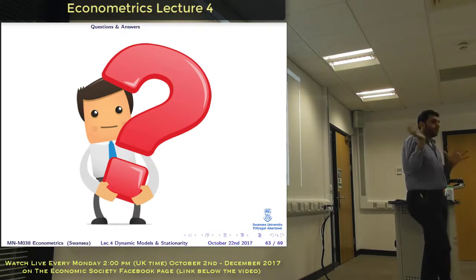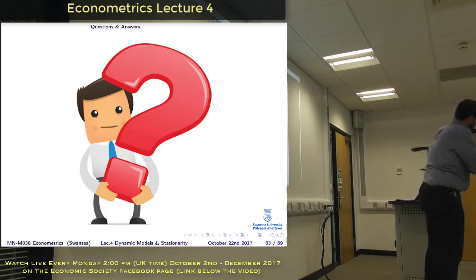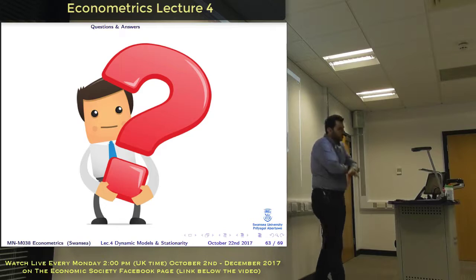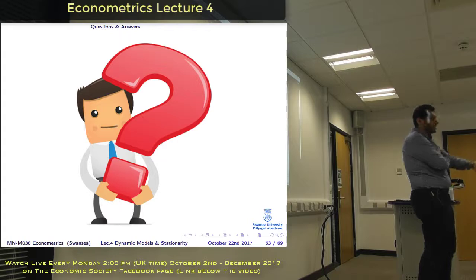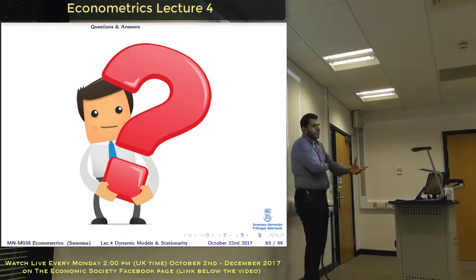And we concluded with some remarks related to the order of integration. If we have a stationary series, that means it's I(0), integrated of order 0. If we have a non-stationary series that you need to difference once to make it stationary, that means it's I(1). If you need to difference it twice, it's I(2).